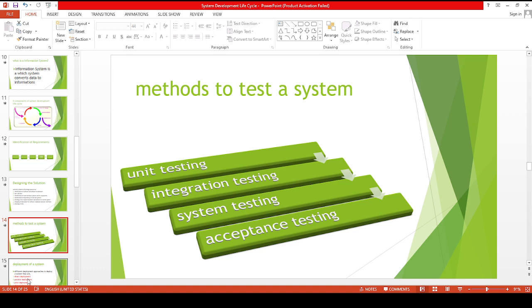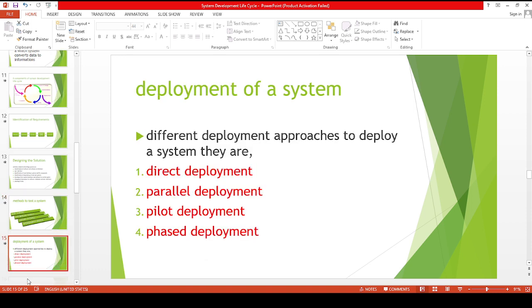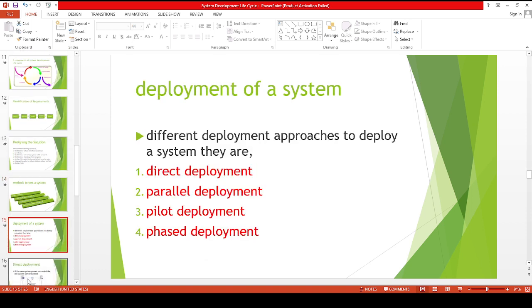But all are done, and it is not an issue. Then deployment of a system.